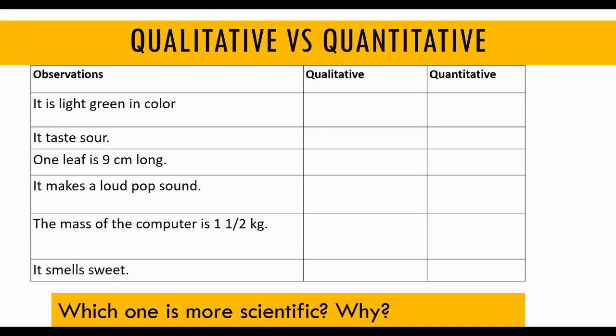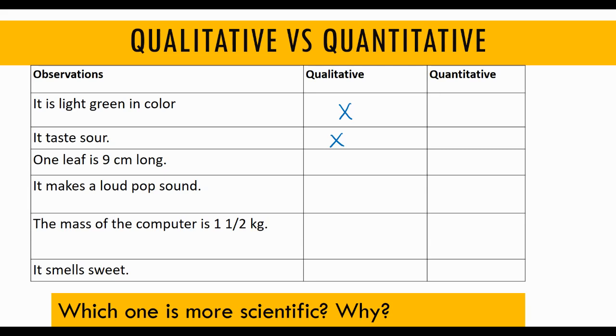And now let's go over the observations. So the first observation we have is it is light green in color. That is descriptive. It is not a measurement, so it is qualitative. Next one is it tastes sour, also descriptive. We have one leaf is 9 centimeters long.